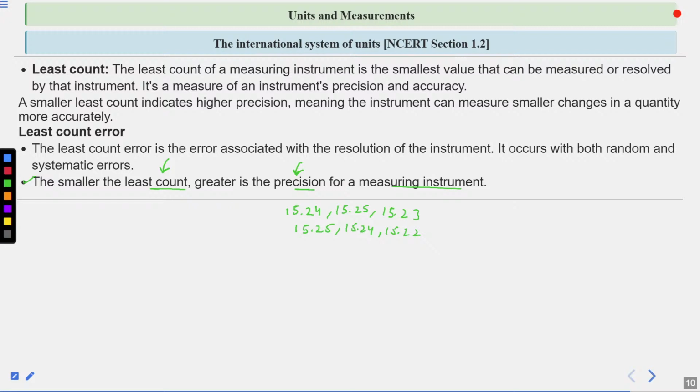So if we talk about the precision, there is a very negligible difference.